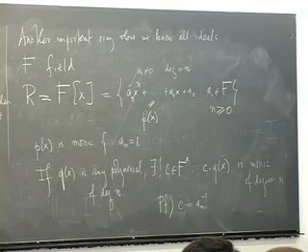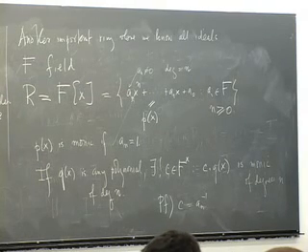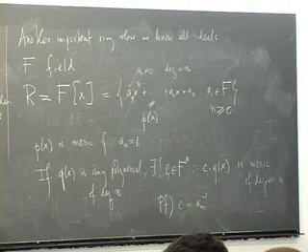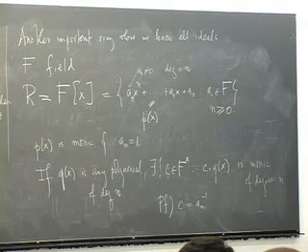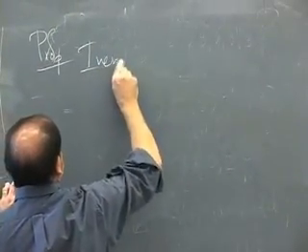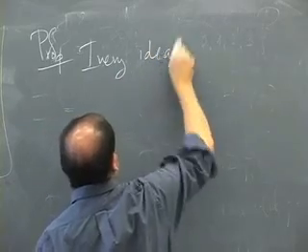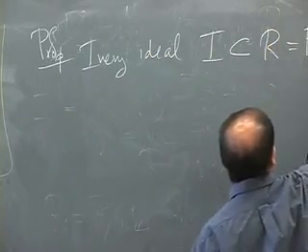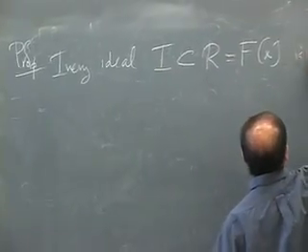I'll make a remark after I put up the theorem. Here's a proposition about ideals in the polynomial ring over a field. A very important theorem. Proposition. Every ideal I in the ring R equals F[x] is principal.